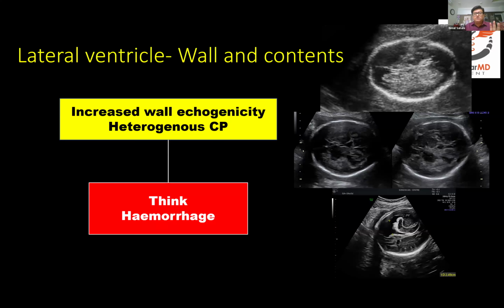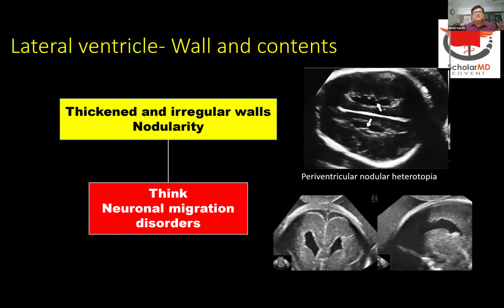Again, these things usually appear later on in pregnancy. And when you find something like this and your previous scan at 20 weeks showed normal, again, there are only two causes that can be there. It could be either hemorrhage or infection, which could lead to this kind of a dirty appearance.